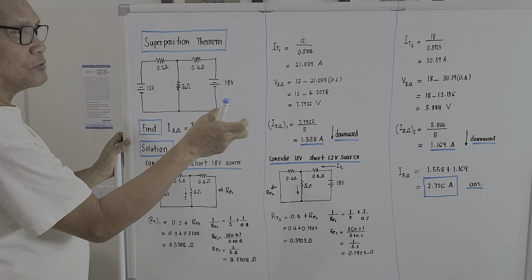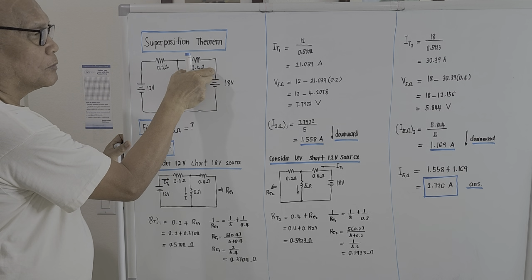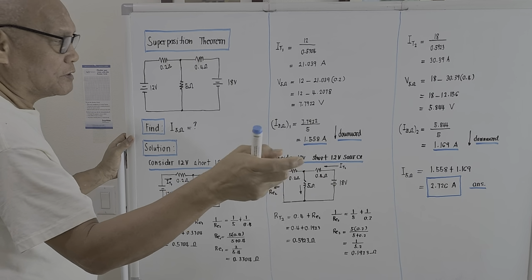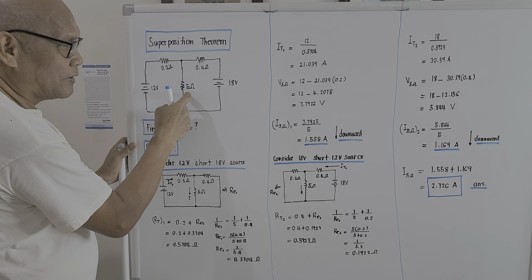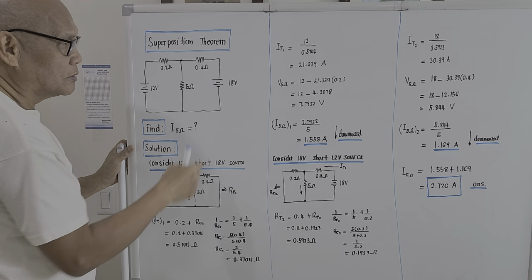So we are given two voltage sources, 12 and 18. This is 0.4 ohm, this is 0.2, and this is 5 ohm. The problem is just asking what will be the current passing through the 5 ohm load due to this 12 volts and due to this 18 volts.